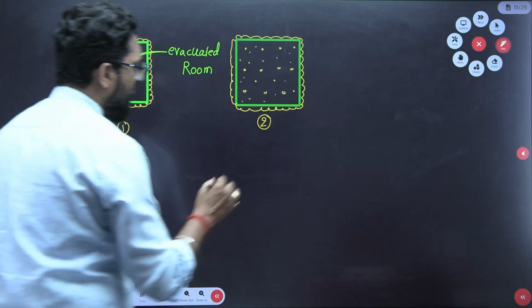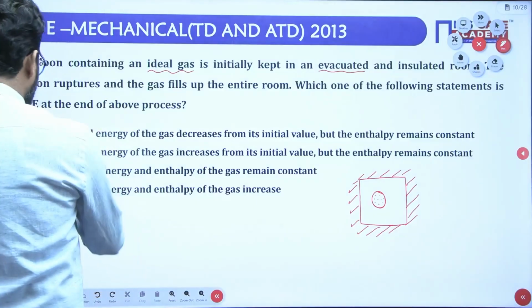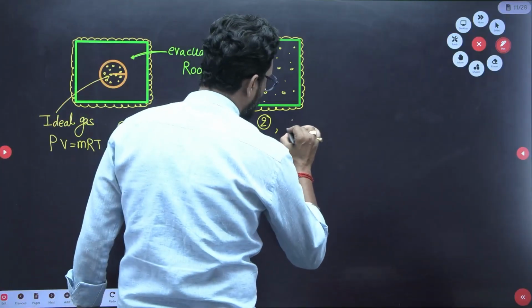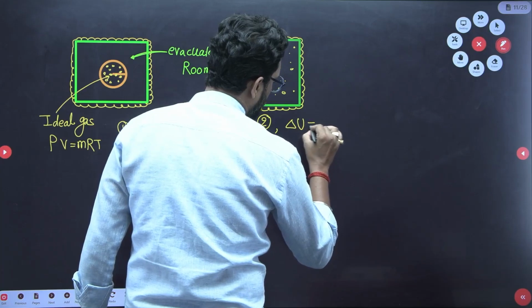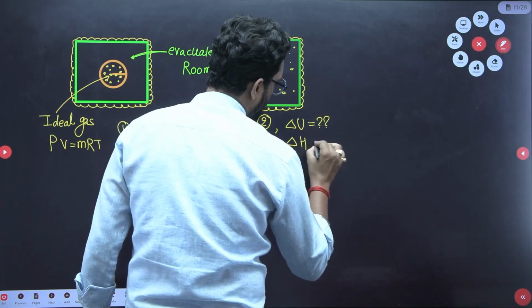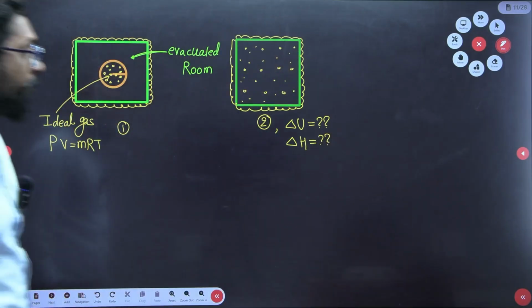Now, my dear, this says that we must check whether the internal energy of the gas decreases. That means, what is the change in internal energy, and what is the change in enthalpy during this process in the room?